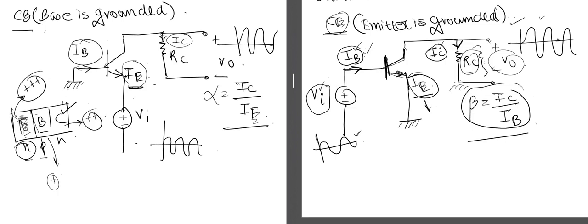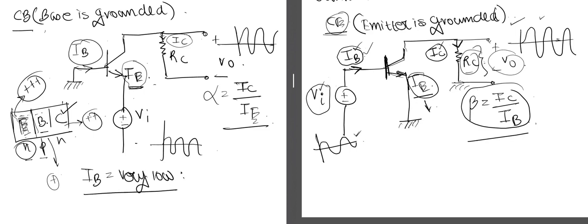So if we assume a total of 100 electrons go to the base, out of those 100 electrons, only 5 will recombine with the holes of the base. As a result, the base current IB, which is the recombination current, is very low.